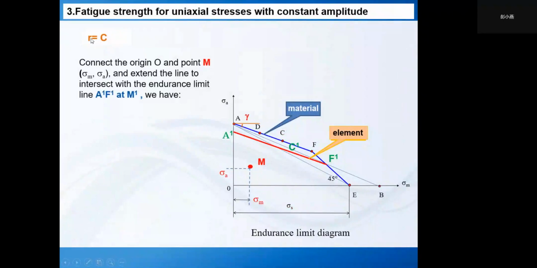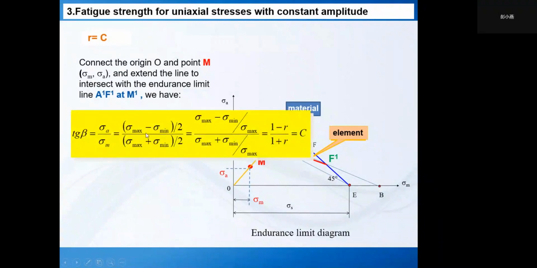If the stress ratio is constant, then we connect the origin O and the point M and extend the line to intersect with the endurance limit line A1, F1 at point M1, okay? M1 is the intersection point.